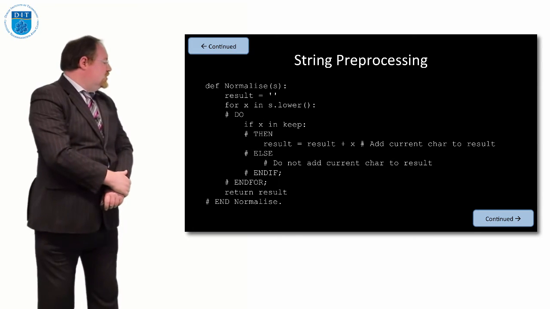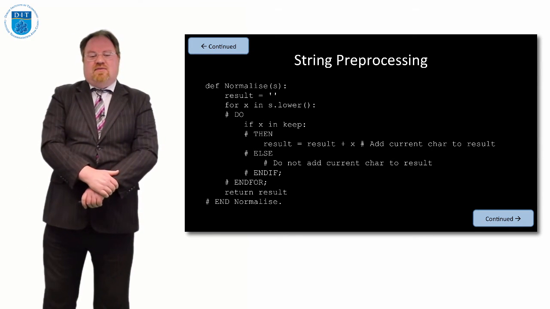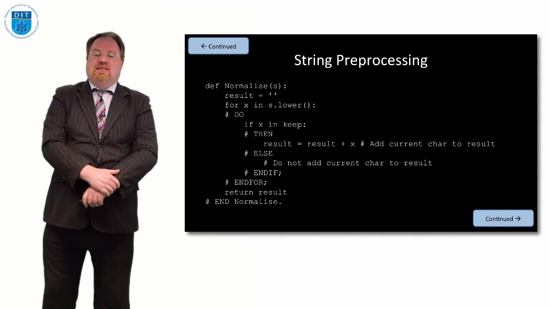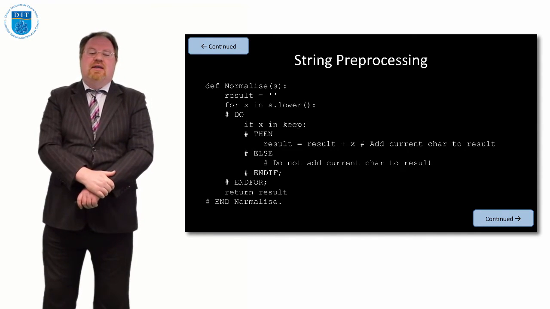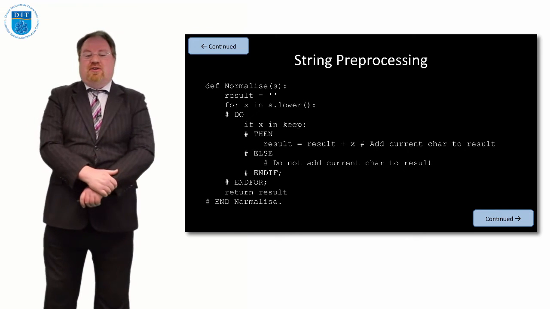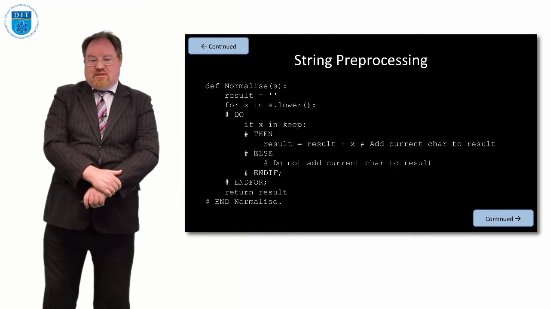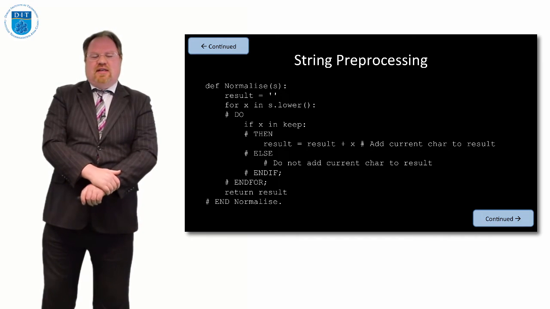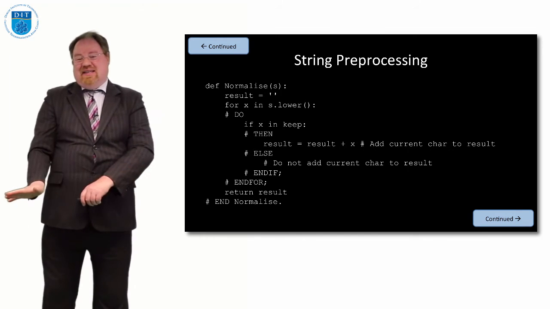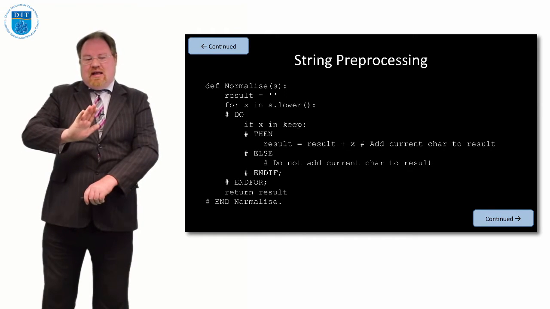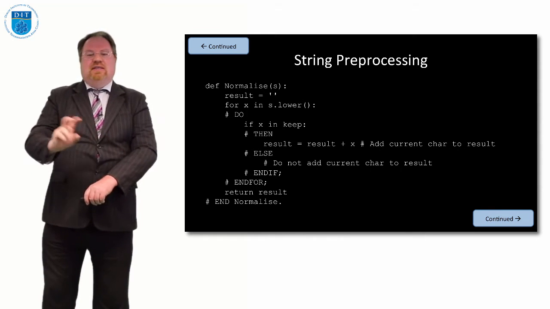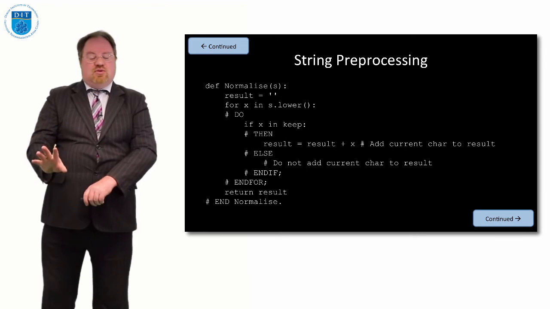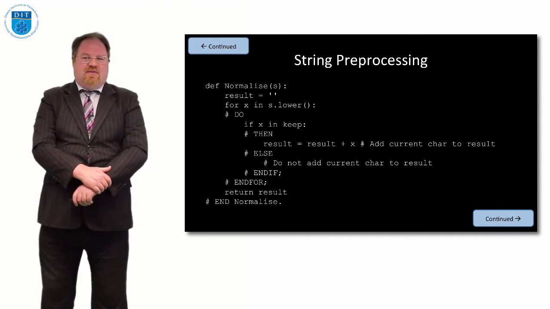If each letter is in the array keep, so if it's in the list of potential values we're allowing, then we add that new letter x into the result string, which starts off as blank, then the first letter is added in, the second letter, the third letter. Else we don't do anything. So if the next character we read in is not in the keep set, then we just don't add it onto the result string. So think about that for a minute.